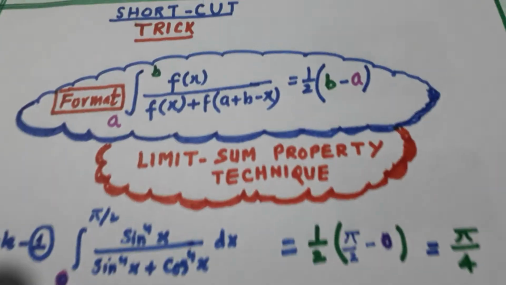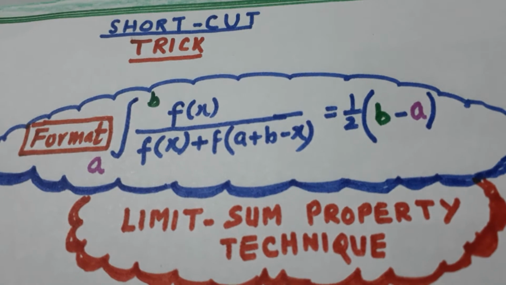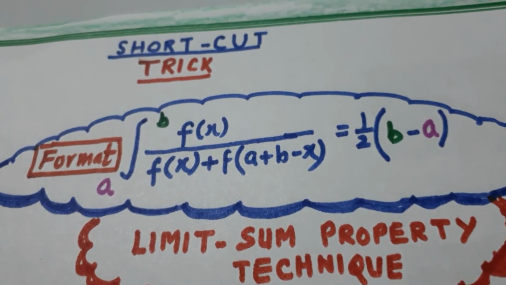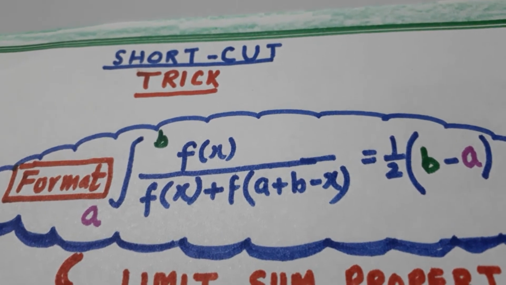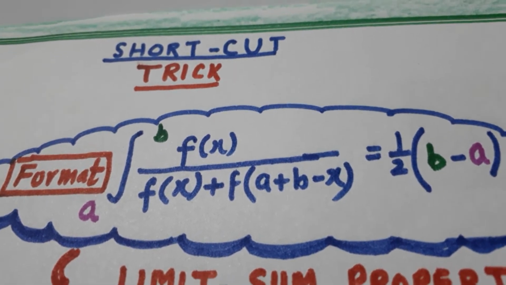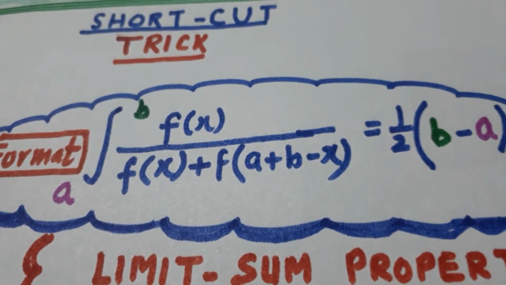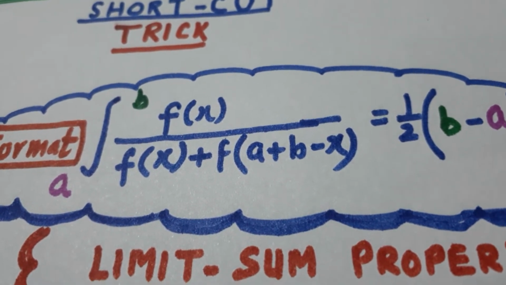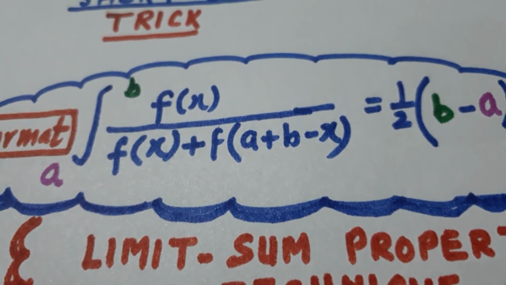The third trick is based on the limit sum property of the definite integrals. Look here, the formula is, if there is a question like this, integration a to b of f(x) over f(x) plus f(a plus b minus x).